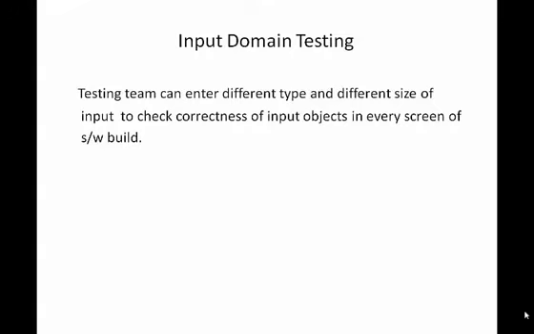For example, in a banking application, the account number is a 10-digit numeric value. If we enter a lower or higher than 10-digit value, it should not accept. Then we can say that it is input domain testing. Next one is error handling testing.